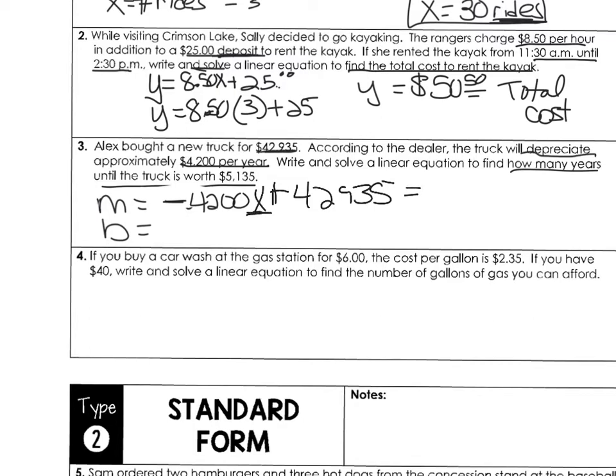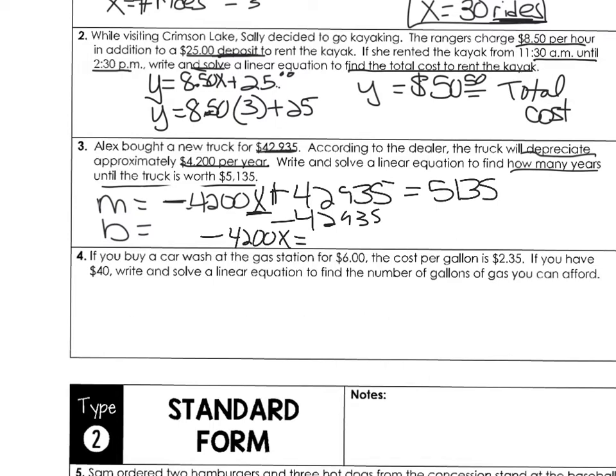We want to know how many years, so we have to solve for X to find out when it's going to be $5,135. So that's going to be our Y. So now we're just going to solve, so we're going to subtract 42,935, and then you'll get negative 4200x equals, and you're going to have a negative number.